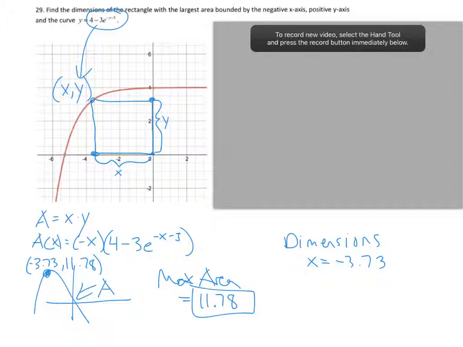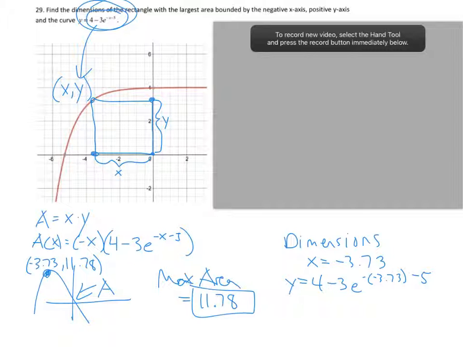So I go to my calculate window, and I'm plugging it into my original function to find the y value that goes with it: 4 minus 3e to the negative x minus 5.